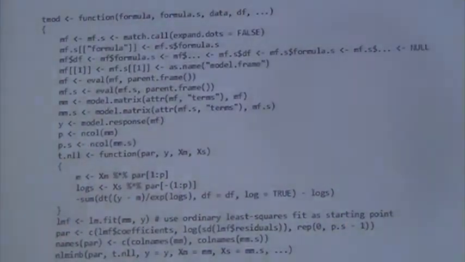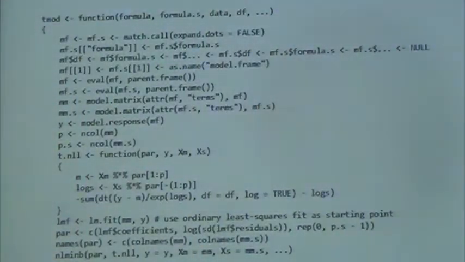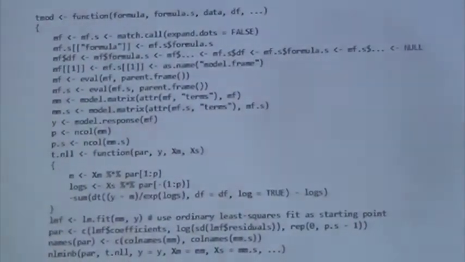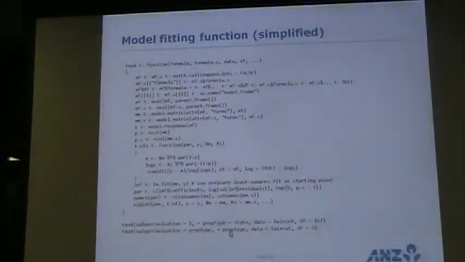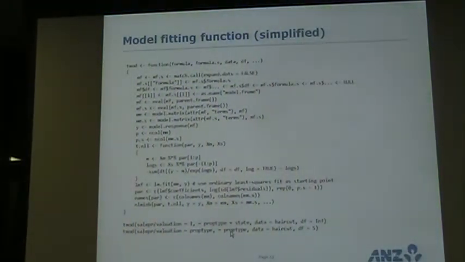So here are a couple of example calls. The mean haircut is just fitted as a constant, but with variance varying by property type and state, or mean haircut varying by property type and the variance varying by property type. So these are examples of how I might call a function.